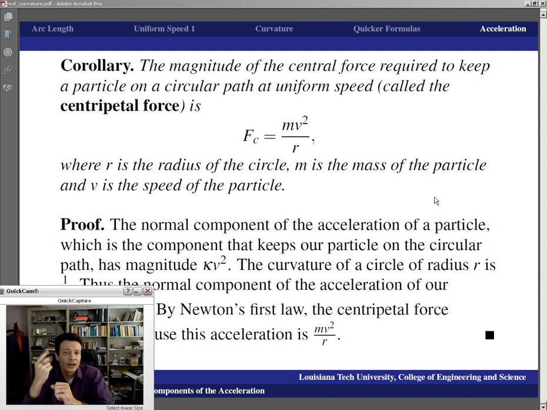Arc length, curvature as T prime norm over c prime norm, curvature as c prime cross c double prime norm divided by c prime norm cubed, tangential component of the acceleration, which is v prime, the derivative of the speed, normal component of the acceleration, which is v squared times kappa.